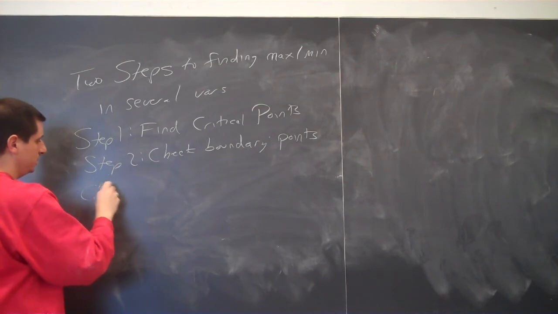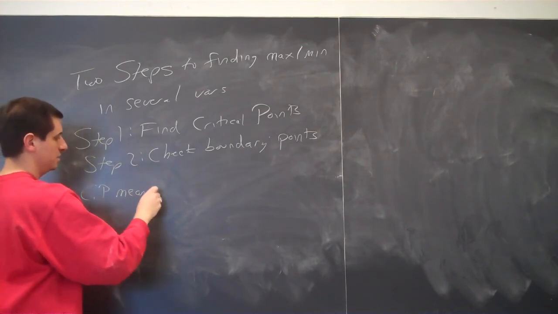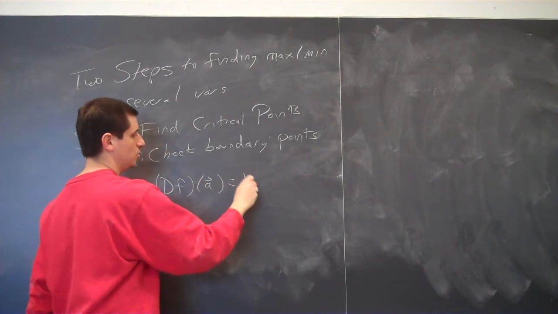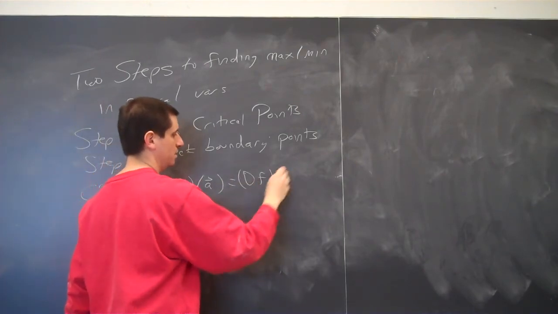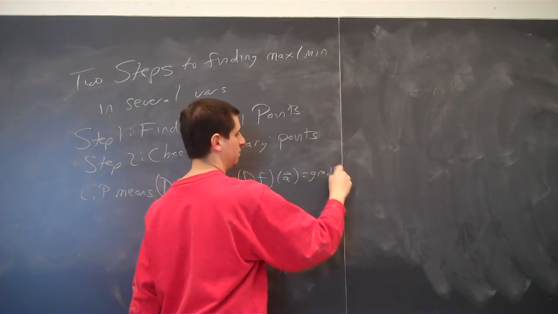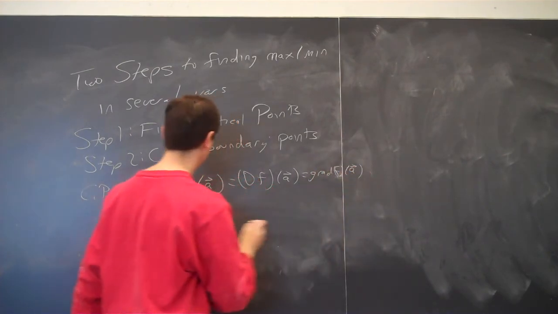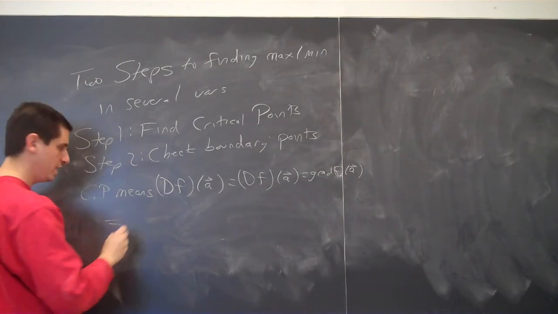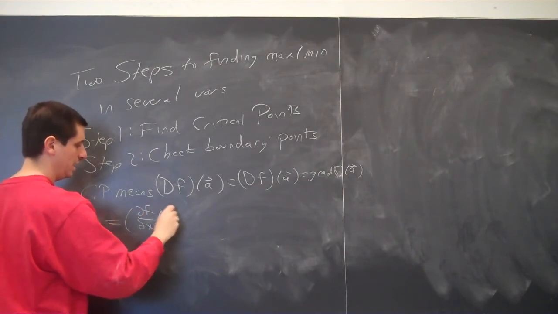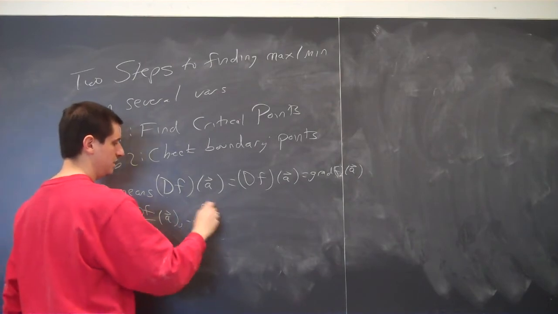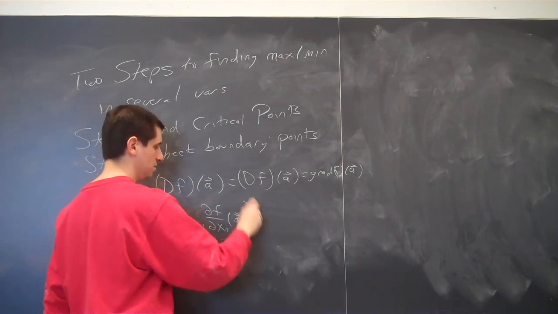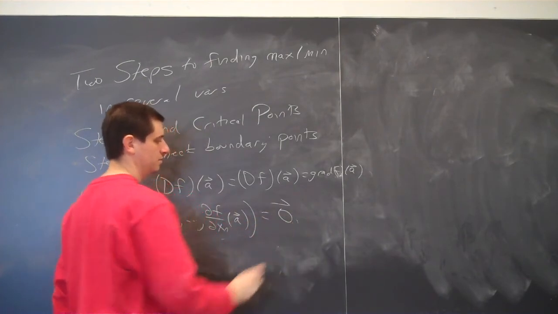So critical point means df at a equals grad f at a. All these are equivalent notations. df/dx1 at a, dot dot dot, df/dxn at a equals the 0 vector.